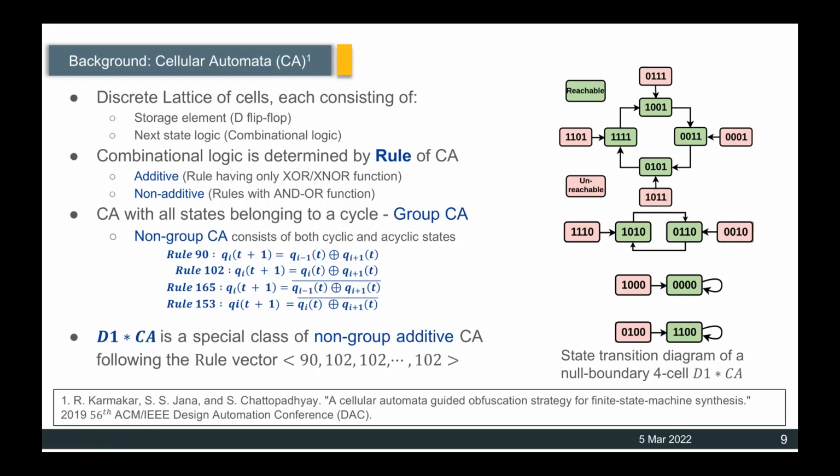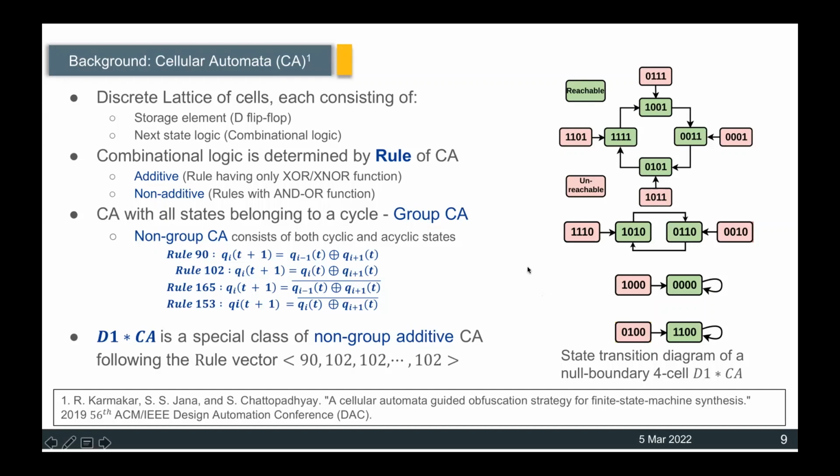If you configure your CA using these rule configurations, then this is the state transition that you obtain. This is a small example of a null boundary 4-cell D1* CA, and you can observe that it has some reachable states and some unreachable states, and it follows a nice organization of the state space.